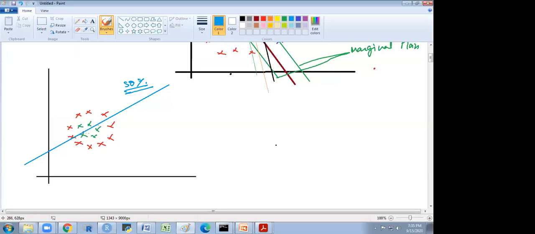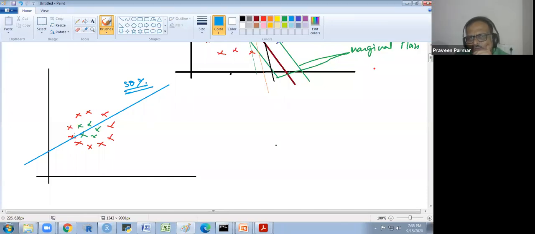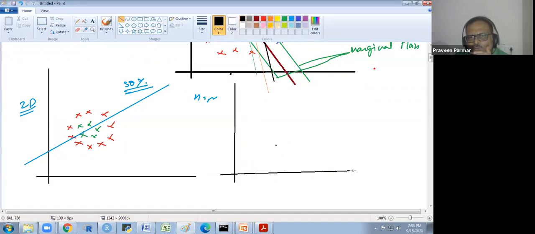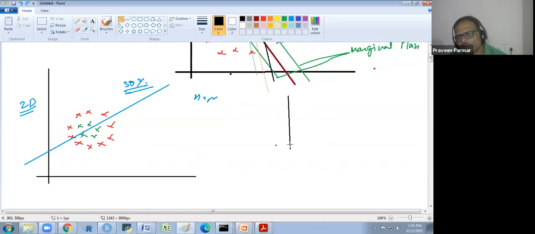Yes, sir. What do we do then? We convert this to a higher dimension. There are 2 dimensions we have, so we convert them to 3 dimensions or 4 dimensions, and then we see again. The view will be different in the high dimension; the same thing you will get as a different view. Suppose I am just making 3 dimensions.